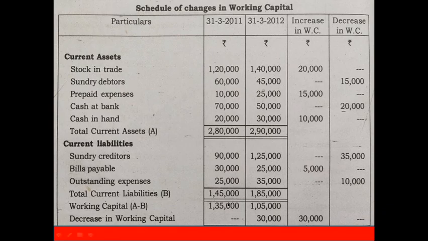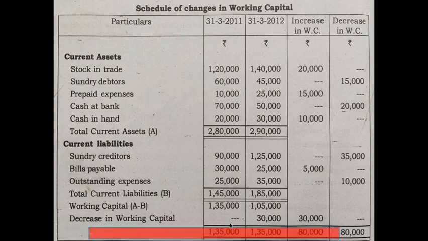Once you have found out the decrease or increase in working capital, you can finally take the total of all these. Remember, here the total means not the total of all these amounts. Here this is the total of working capital: working capital 1,35,000, here also 1,35,000.